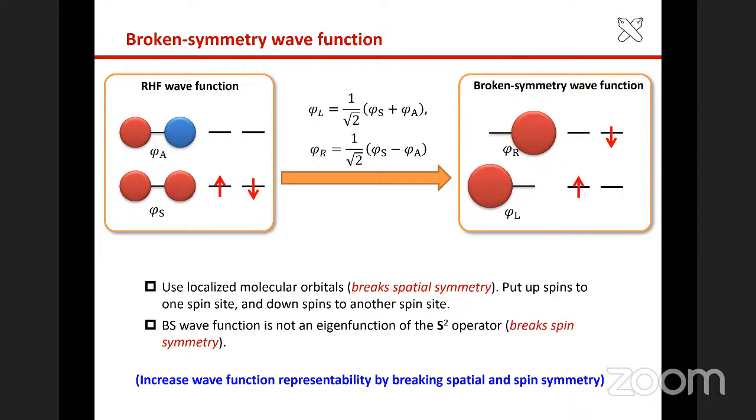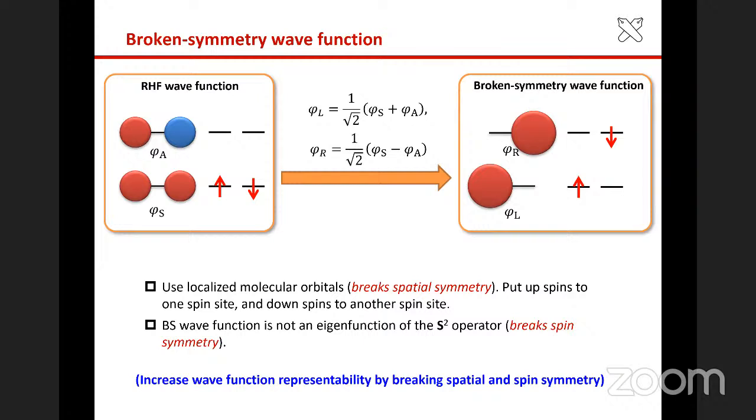Basically, using local molecular orbitals breaks spatial symmetry, right? Because the Hartree-Fock orbitals have symmetry or anti-symmetry between the left-hand and right-hand sides. But here, because we localize the orbitals, some spatial symmetry is already broken.